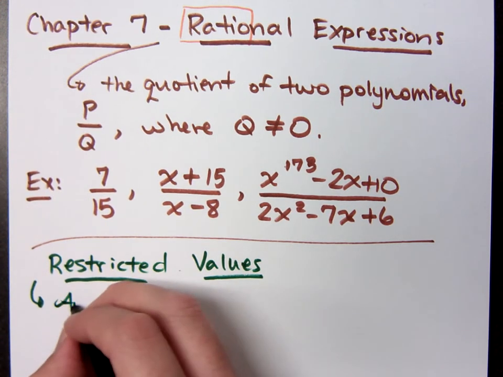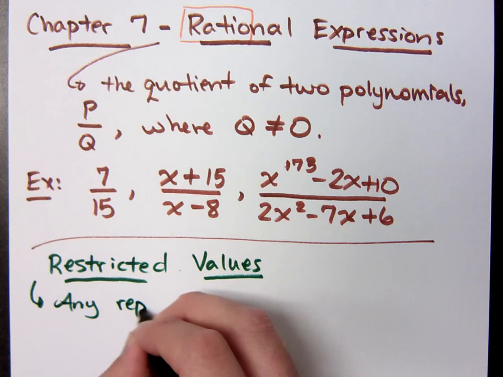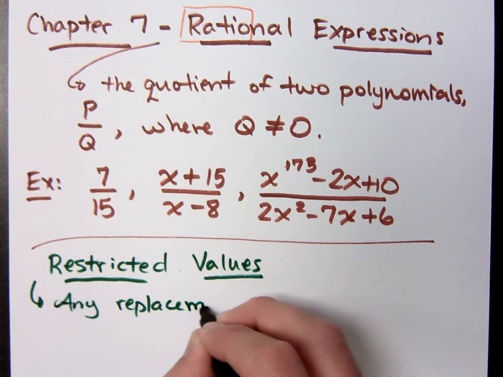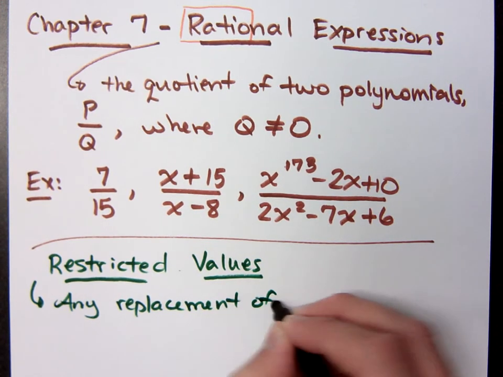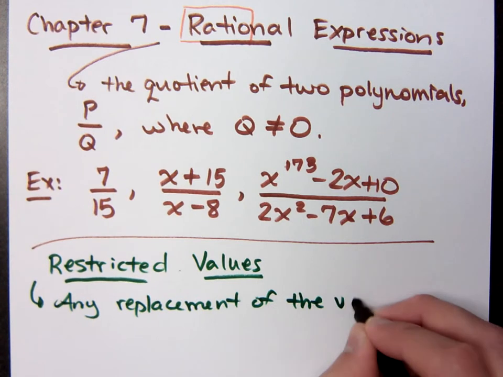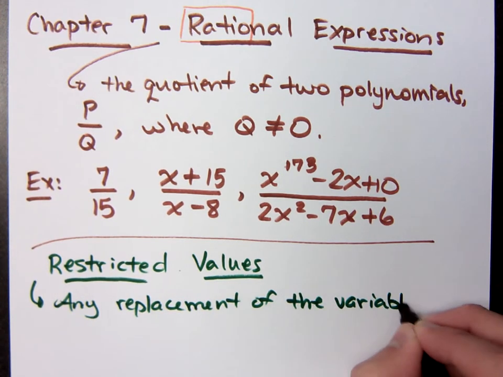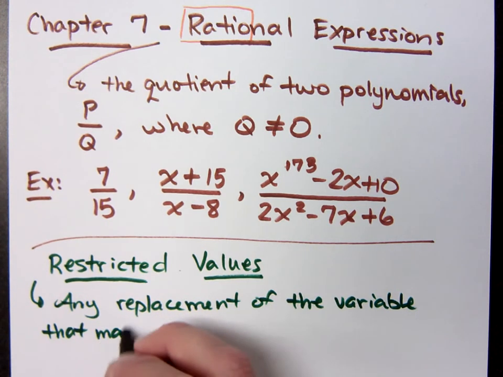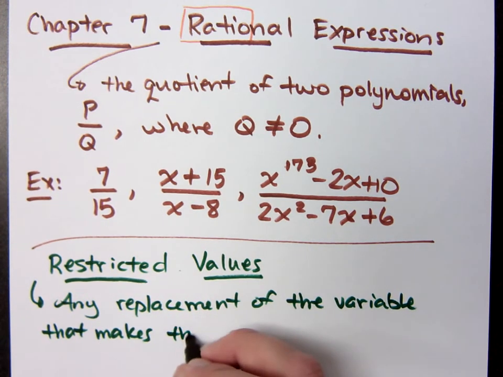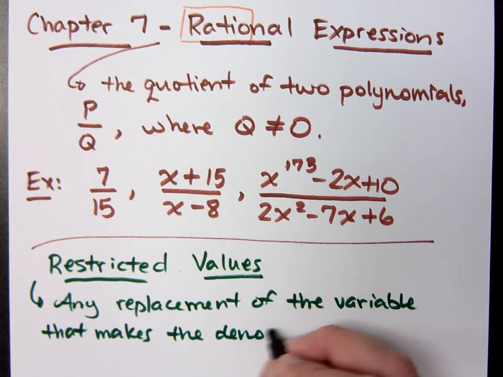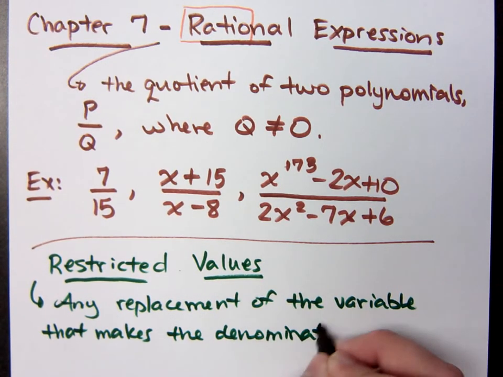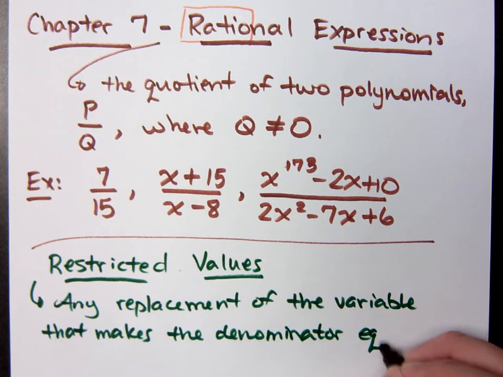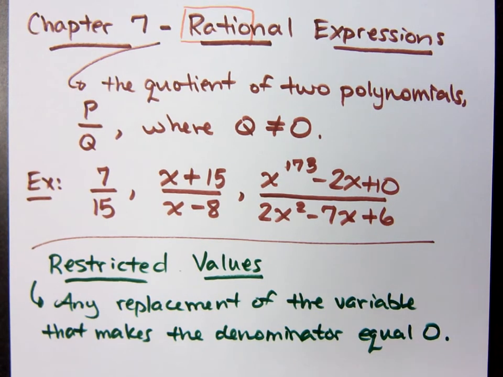So, a restricted value is any replacement of the variable that makes the denominator equal 0. This is a restricted value.